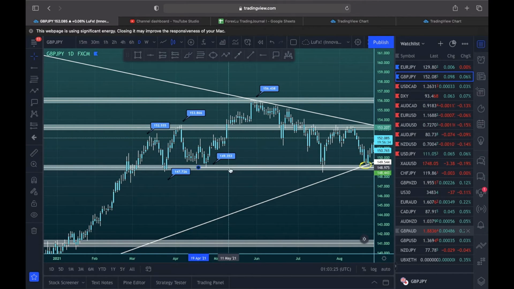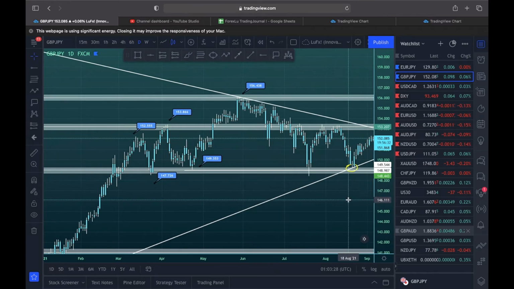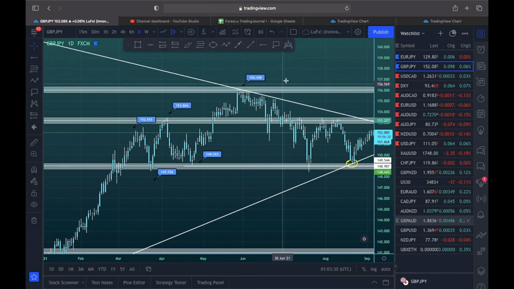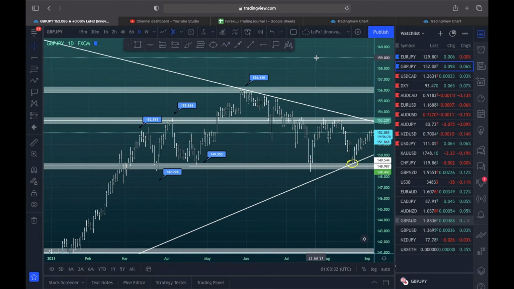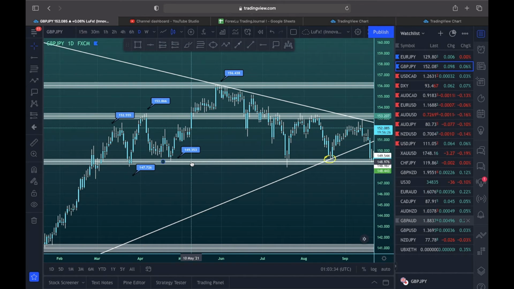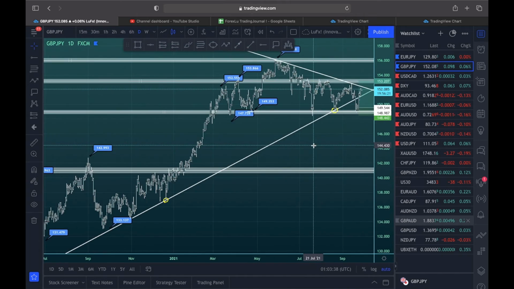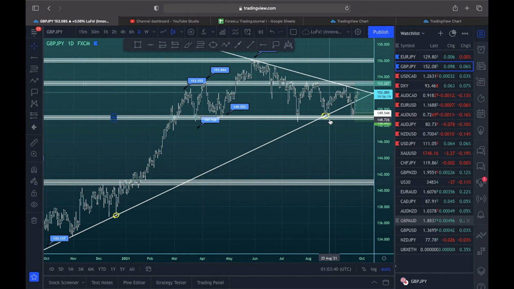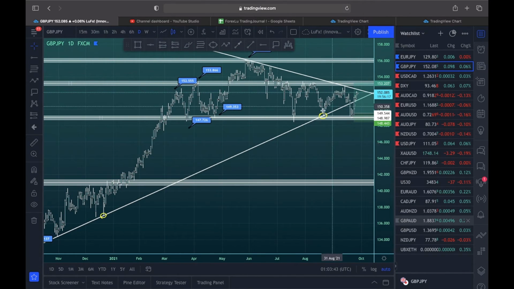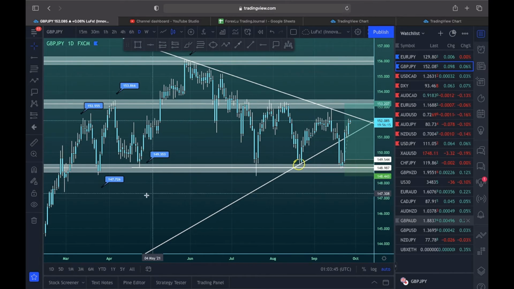We have to break this in order for bearish market structure to start forming and for us to get out of this bullish bias. So this is a higher low, and we have to break this, right? Basically, this is a one touch, two touch in a bullish market. This is our previous higher low, and we didn't break it right here, right?